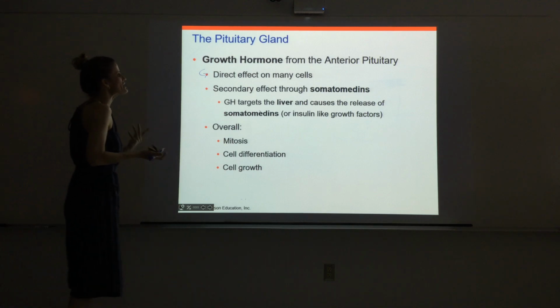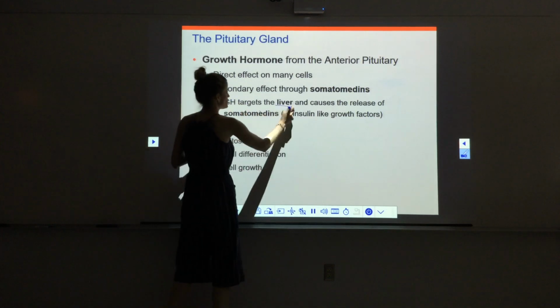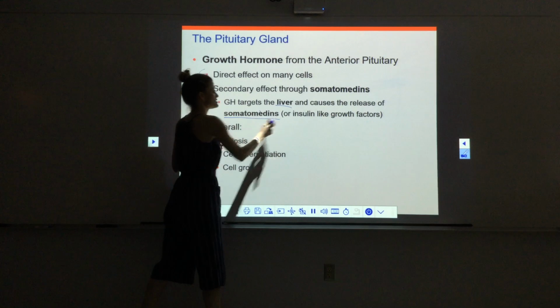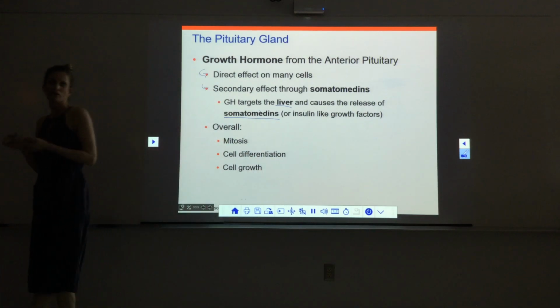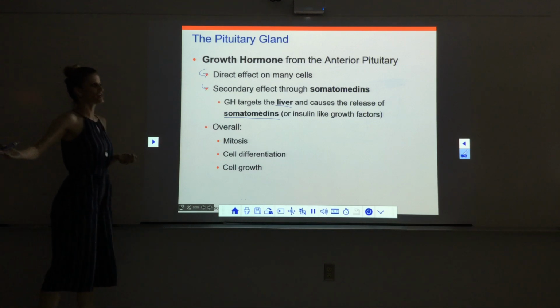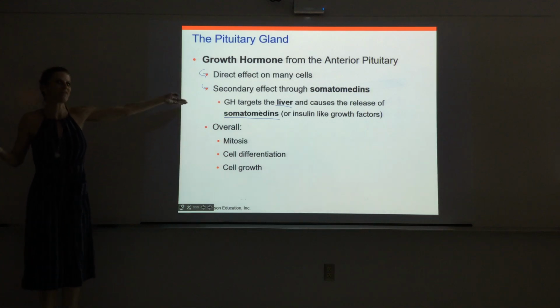Growth hormone also has a secondary effect, though. It targets the liver and tells the liver to release somatomedins. These are another set of hormones that go out and affect cells. So you've got growth hormone targeting cells, and growth hormone telling the liver to make somatomedins, and the somatomedins going out and affecting cells as well.